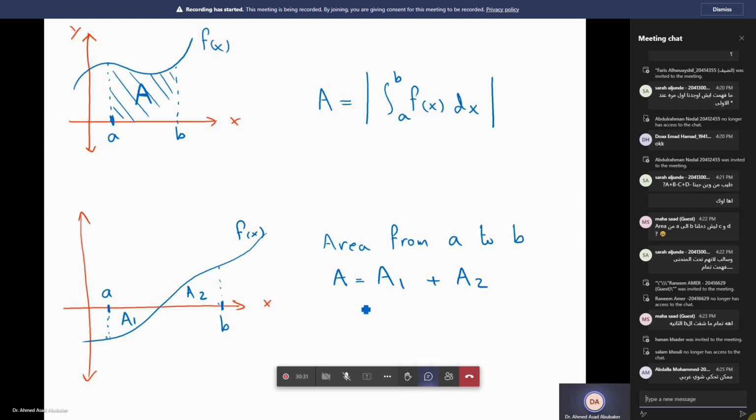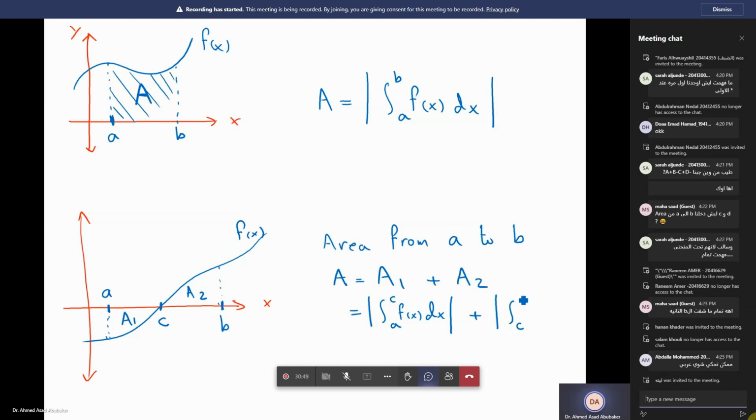Okay, so we have the absolute value of the integral from A to C, this is C, of f of x dx, plus the second area from C to B, of f of x dx.